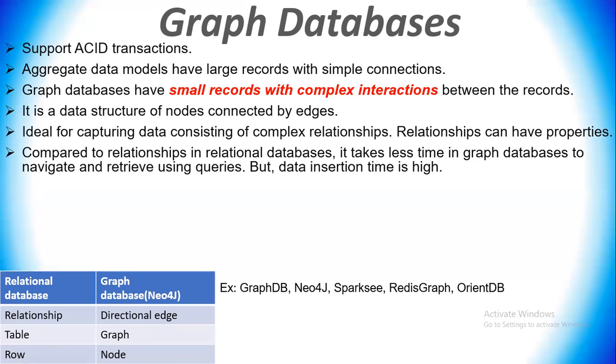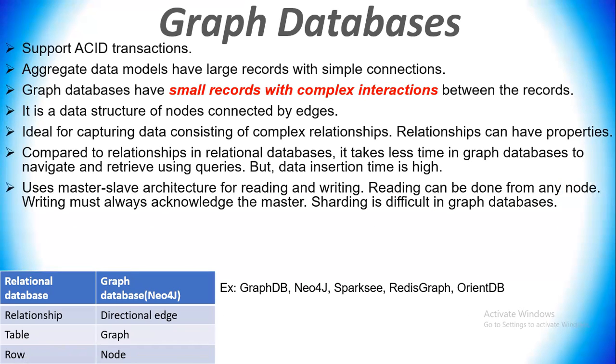So it takes less time to retrieve and navigate using queries, but data insertion time is relatively high, because first the node should be obtained, and inside the node there are properties, and those properties are required to be changed. So there is time for querying and then inserting. So the insertion time is relatively high.